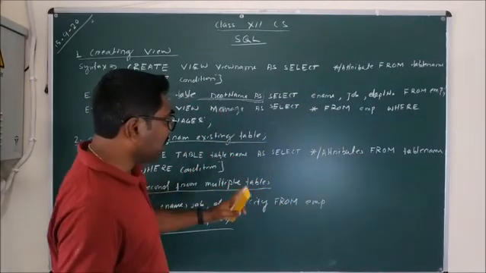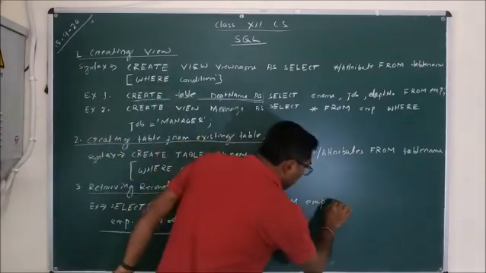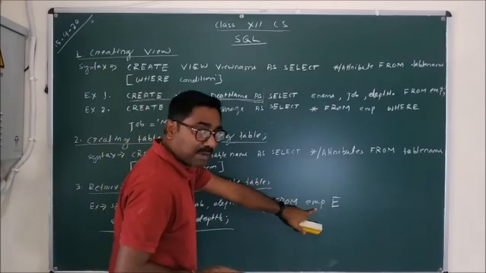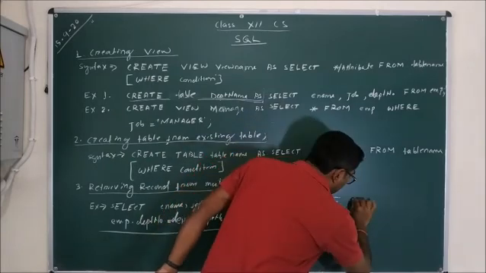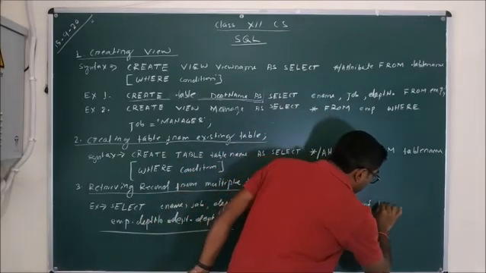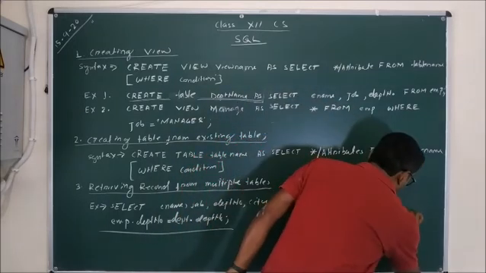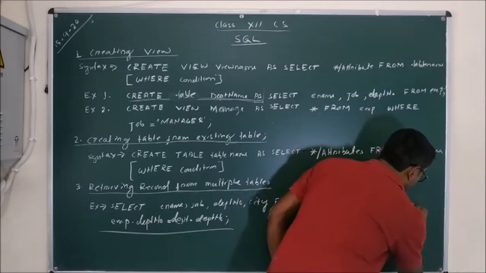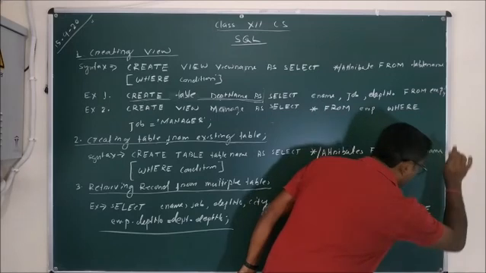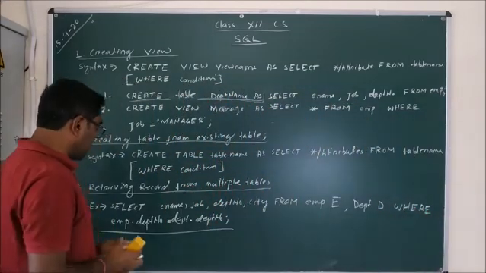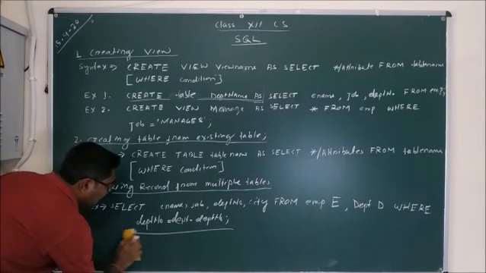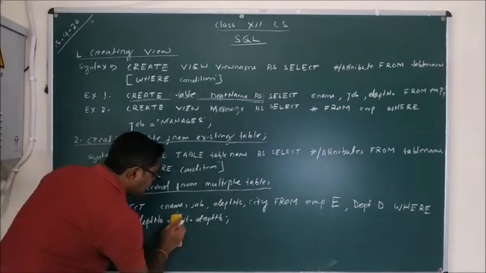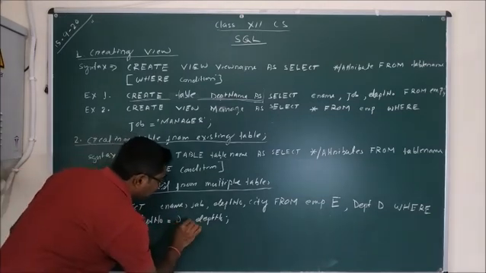For that, I simply write from EMP E. E is the temporary name given to your EMP table, comma, department and the name, suppose D, where now in this condition, instead of the full EMP, you can use E dot department number and D dot department number.